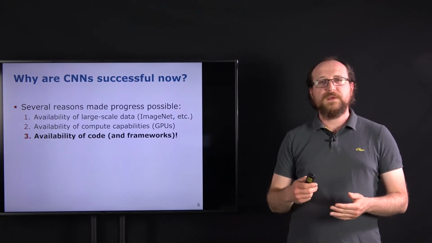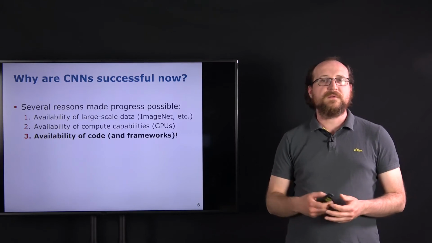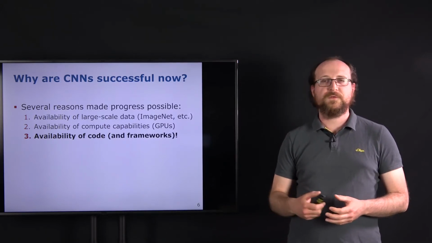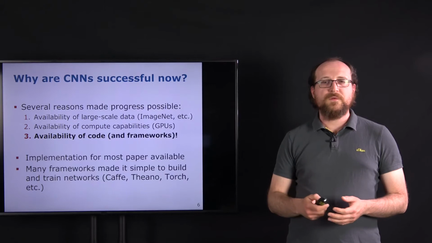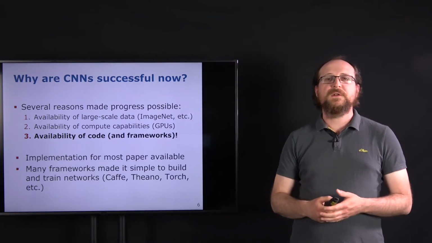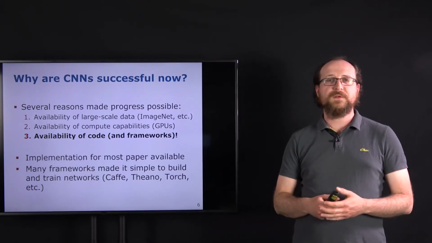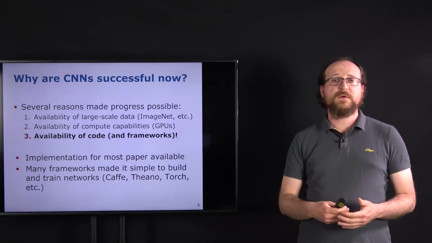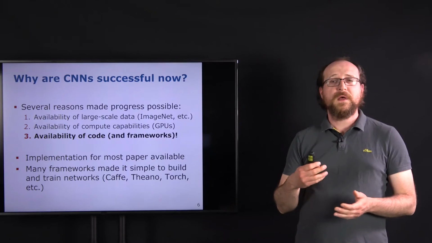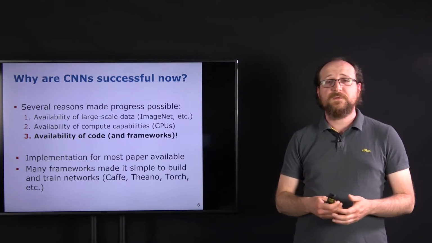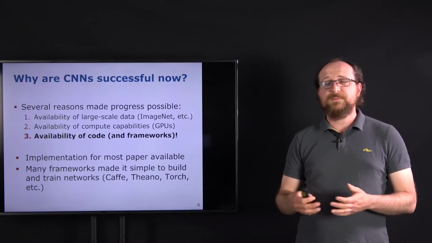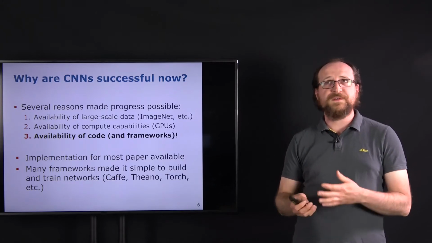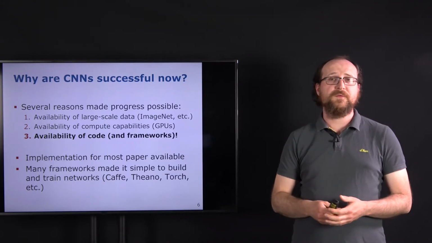And the other part was not only that code is available: researchers now usually provide code with the paper that you can just download and then train the exact same network for yourself, or even have pre-trained models available, which was for most of the approaches before not happening.